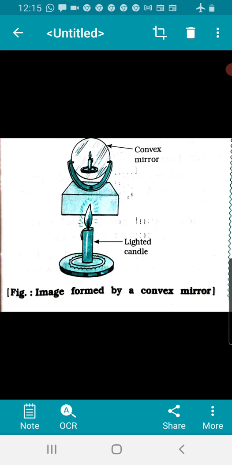Take a convex mirror on a stand and place it on the table. Keep the lighted candle 40 cm from the convex mirror. Observe the image of the candle formed behind the mirror. Now move the candle towards the mirror and place it at different distances from it and obtain the image in the mirror.